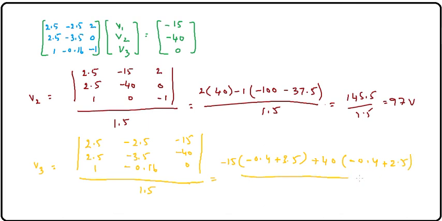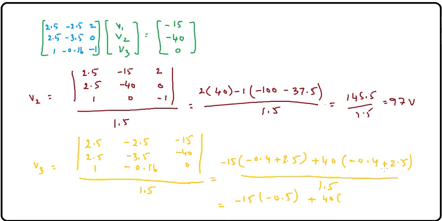So divided by 1.5. This will be very easy: minus 15 into minus 0.5 plus 40 into 0.4. Okay, there is a mistake here, one second.